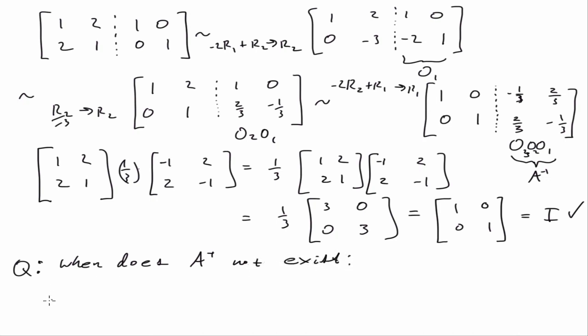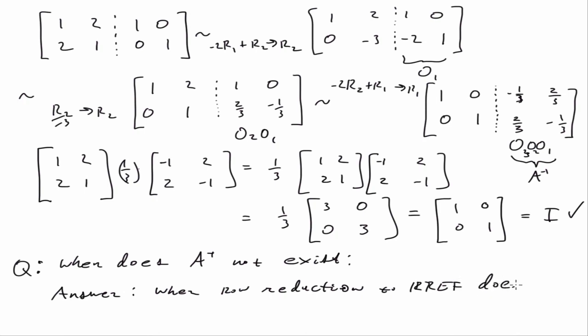And the answer is pretty simple. It's when row reduction to reduced row echelon form does not yield the identity matrix.